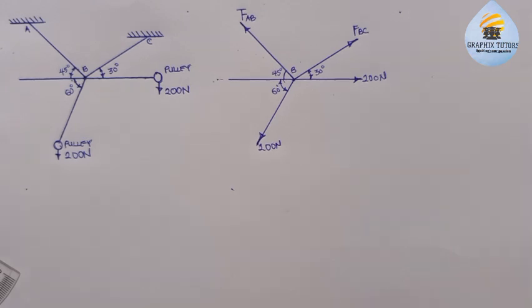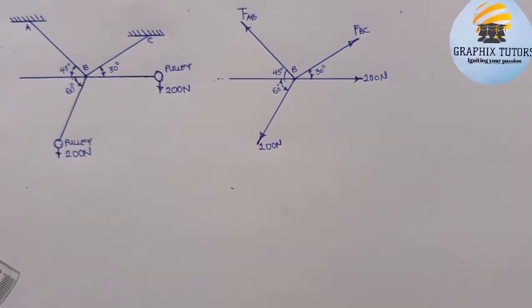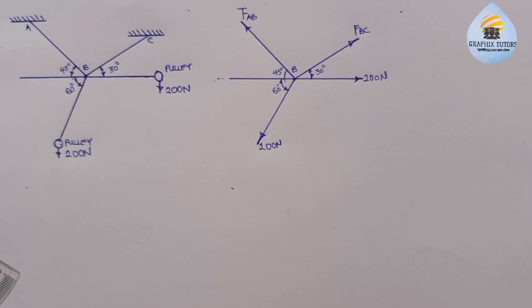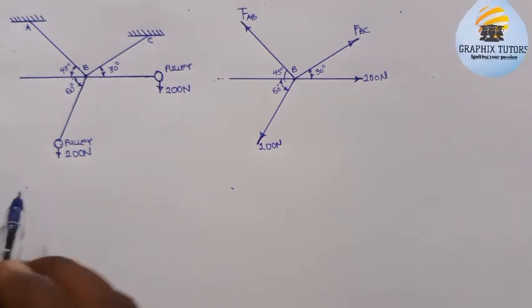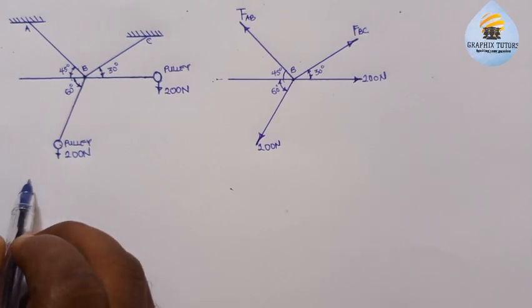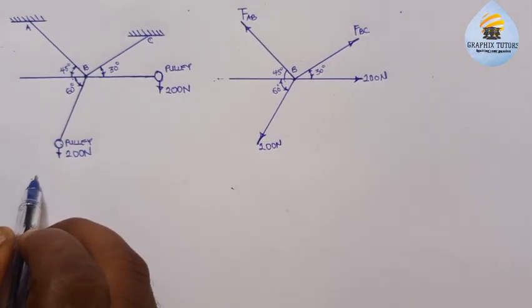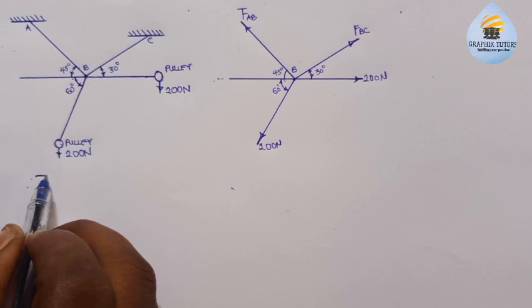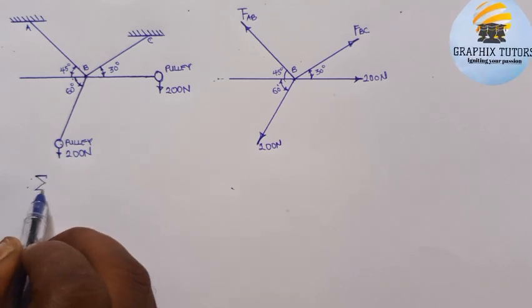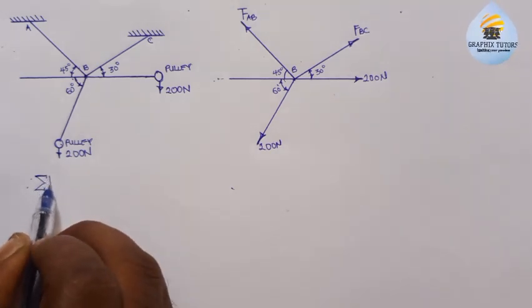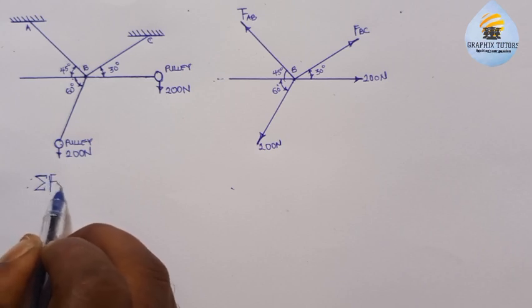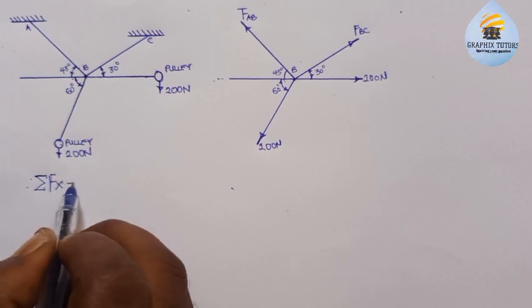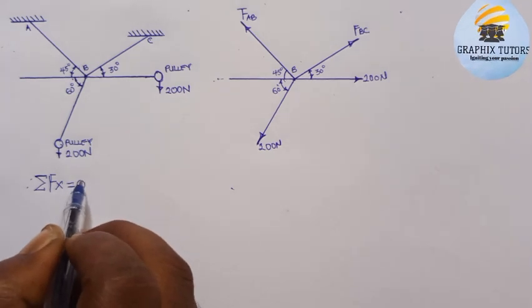Now in doing it this way, we will start. There are three conditions necessary for equilibrium. The first condition is saying that the summation of F of x is equal to 0.